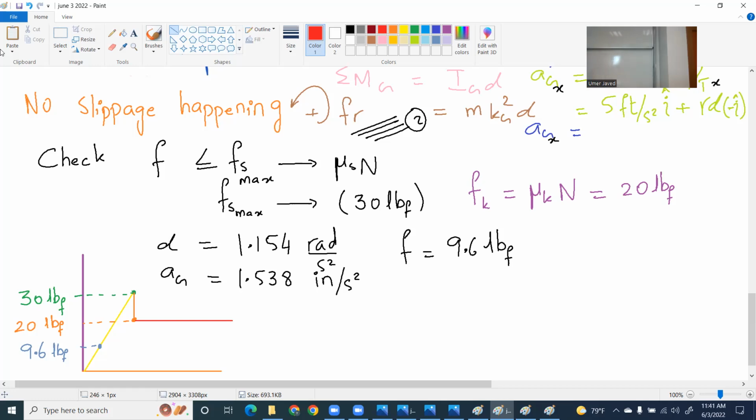Now it will slip. You see, slippage is different. Just because something is rolling doesn't necessarily mean that it is slipping. It's just rolling.